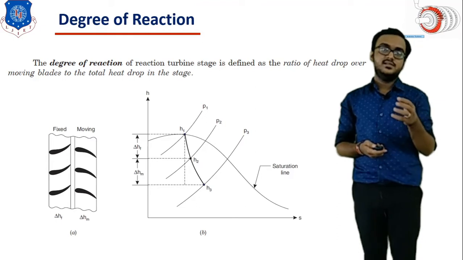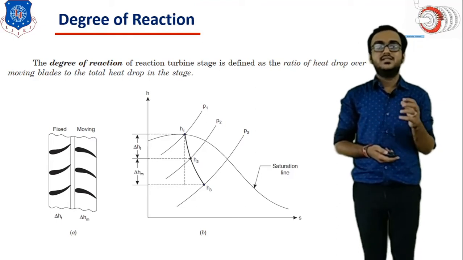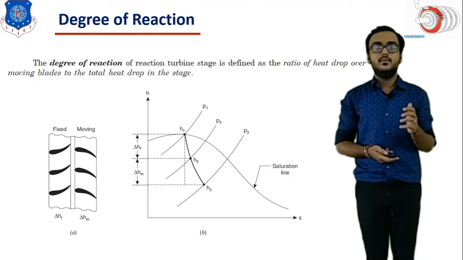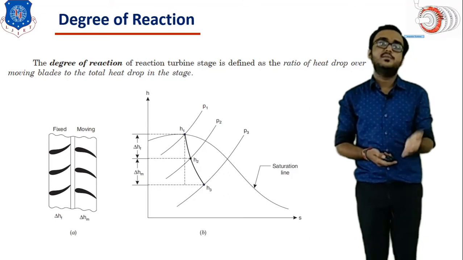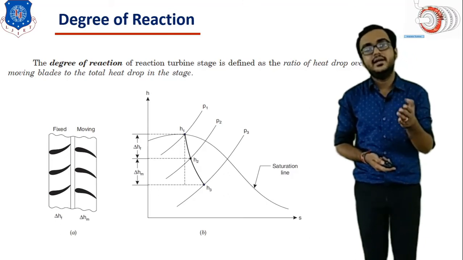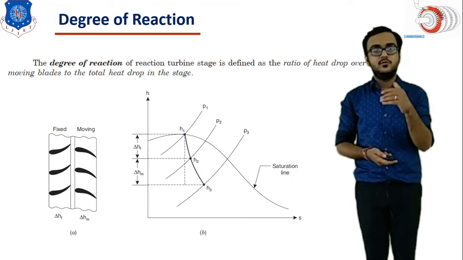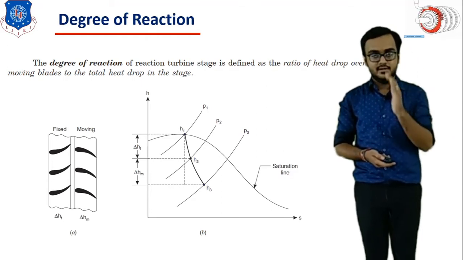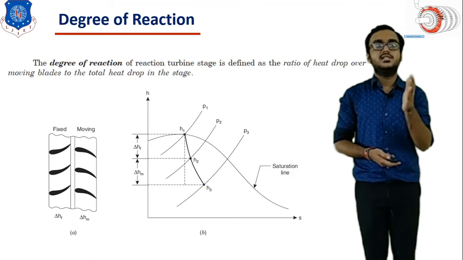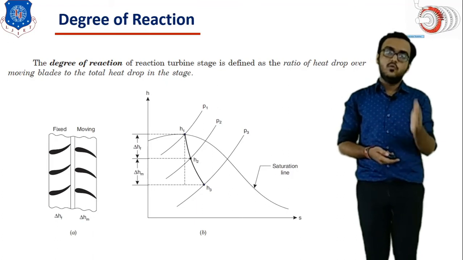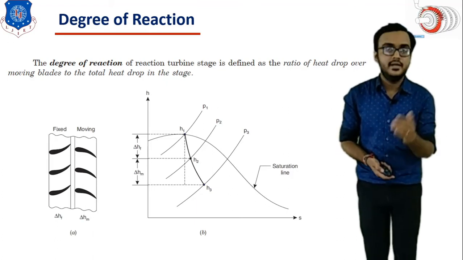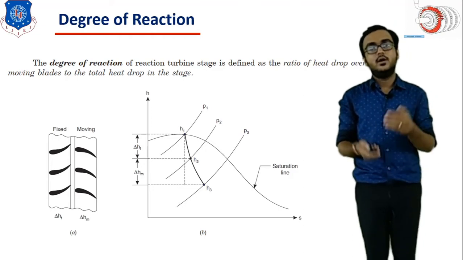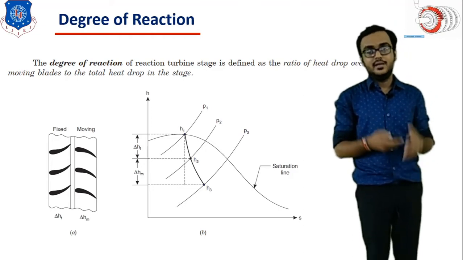Whenever the steam enters the fixed blade, some amount of the pressure energy is converted into kinetic energy because of the reduction of pressure from initial to final. Then the steam enters the moving blade, and there the rest of the pressure energy is converted into kinetic energy, with a pressure drop.